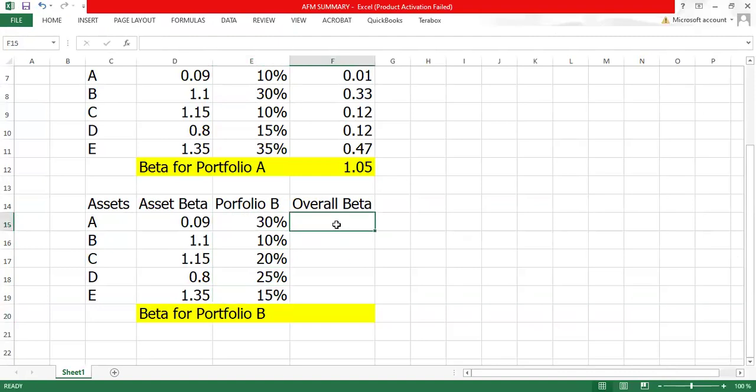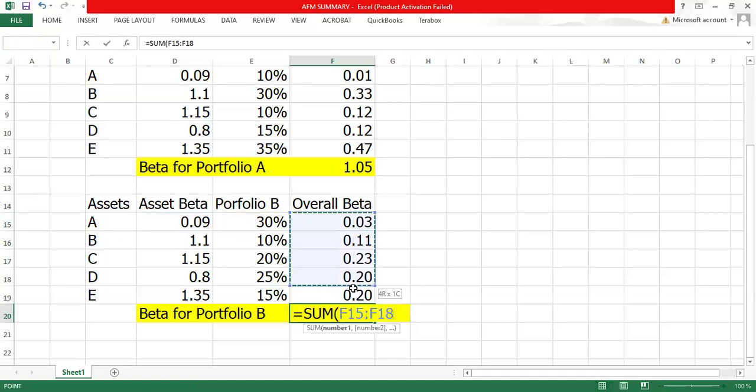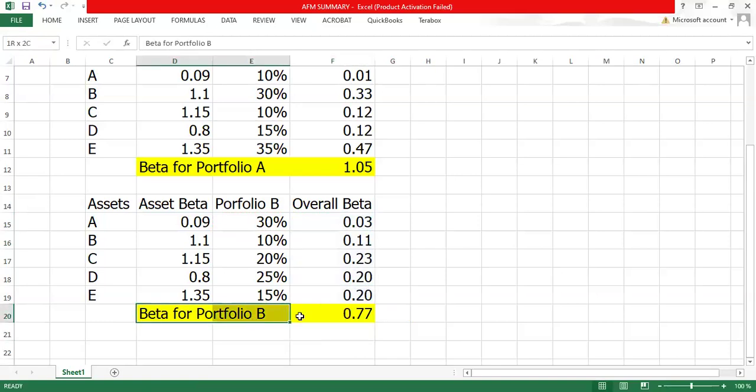Okay, so when you multiply, you get this times this. Round off to 2 decimal points to avoid wasting time. If you aggregate, that is the total that you get. That is your beta for portfolio B. And you're done with part A.